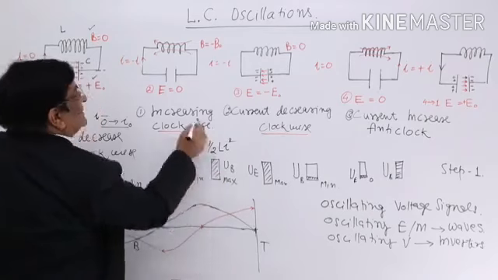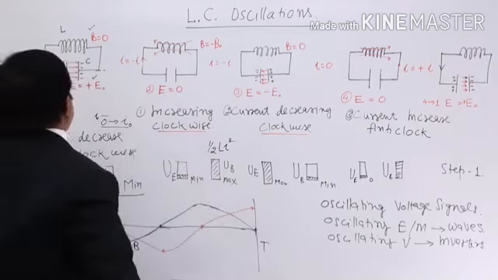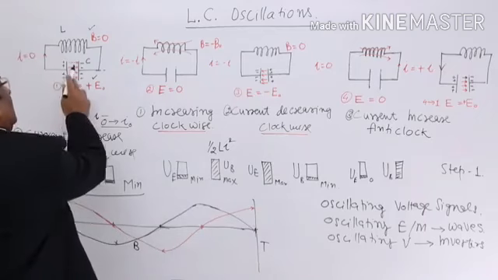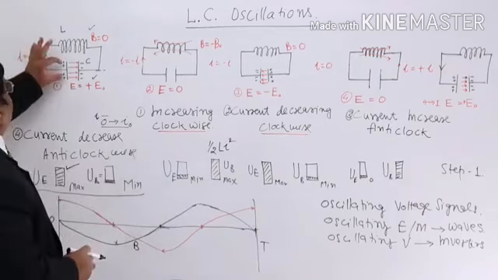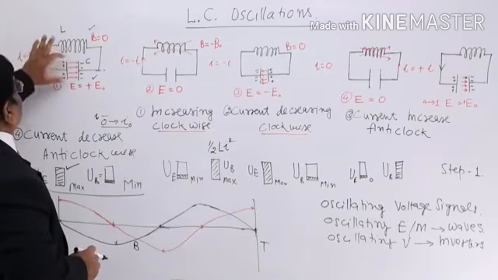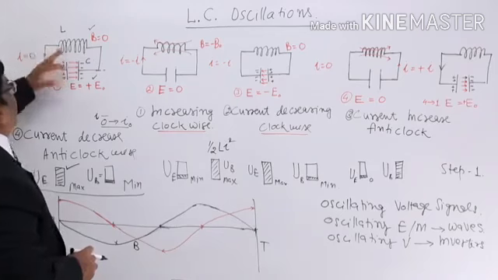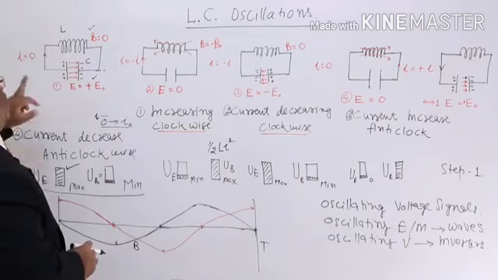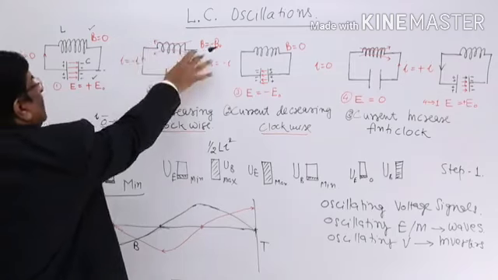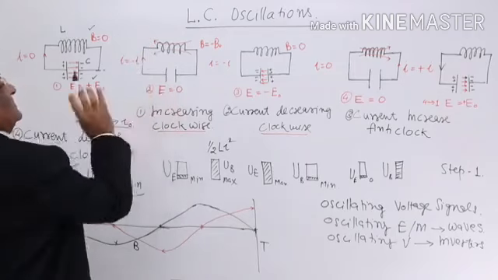This becomes maximum in it. Now all these charges, initially they push very hard because they are very large in number. Slowly when they are consumed, when they are in the passage, this strength or the voltage falls down.